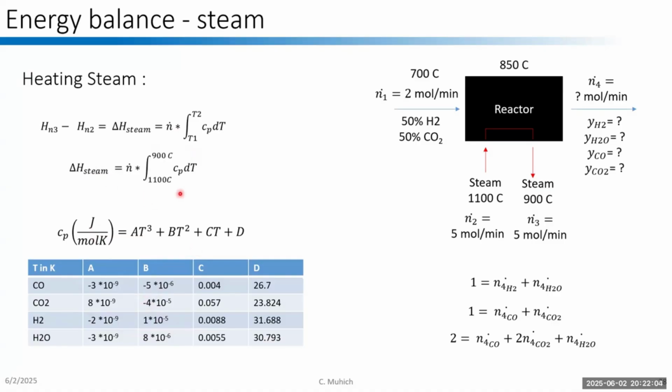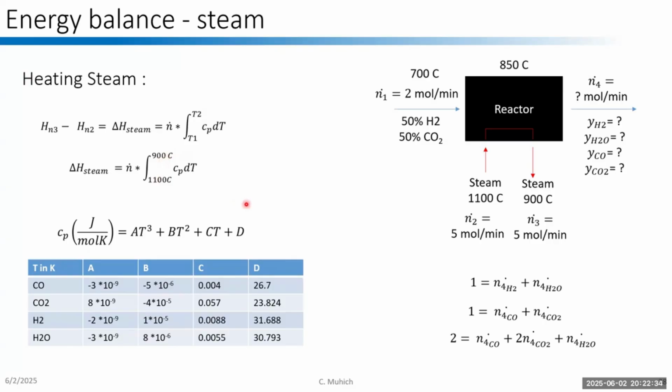So in terms of my delta H of steam, I'm starting from 1100 C and I'm going to 900. So I have my integrands on here as 1100 to 900. Note, it's really important that we're using where we started and where we end up, not low and high. It's not low and high. It's where we start and where we end up.